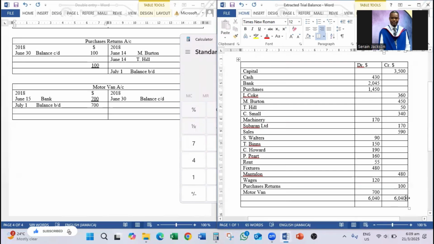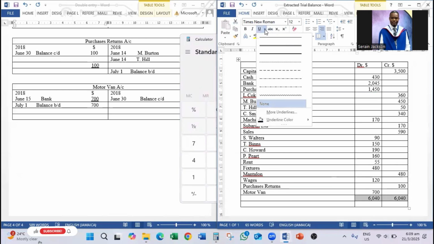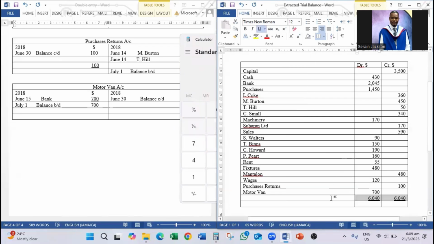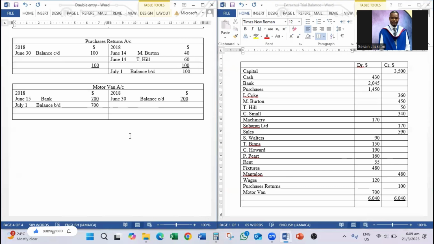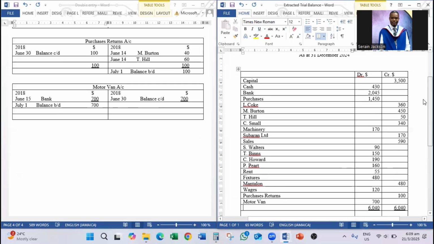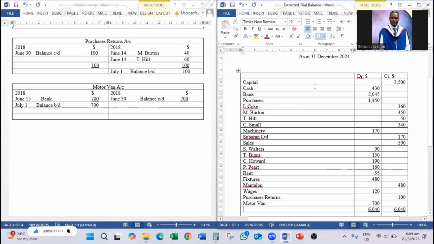So both sides are now equal and we can double line these figures. And we know that the double entry accounts were entered correctly because our trial balance is now balanced, right? And that is really how you extract a trial balance from a set of double entry records.